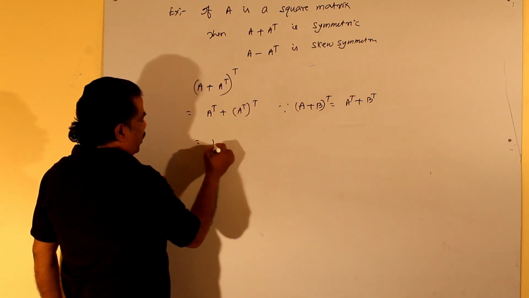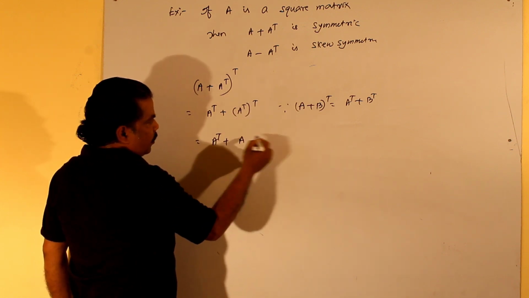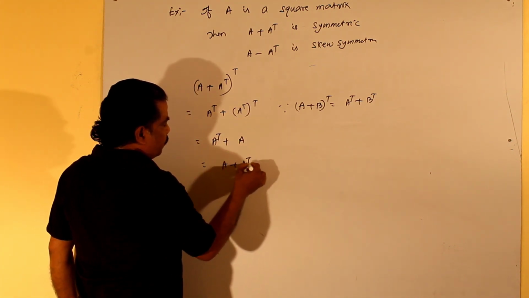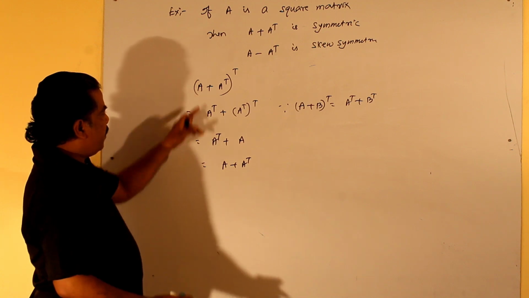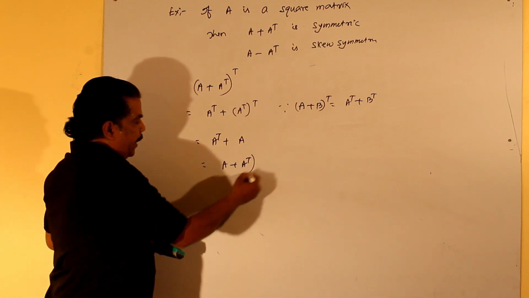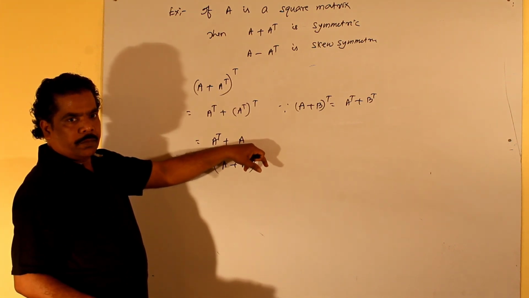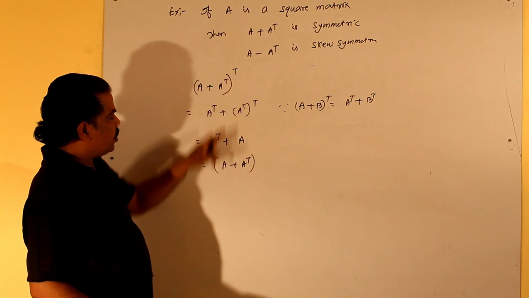So A transpose transpose is equal to A. We know A transpose transpose is A, so that is equal to A plus A transpose. Now we find A transpose is equal to A. So A plus A transpose is symmetric, from the definition that A transpose is equal to A.